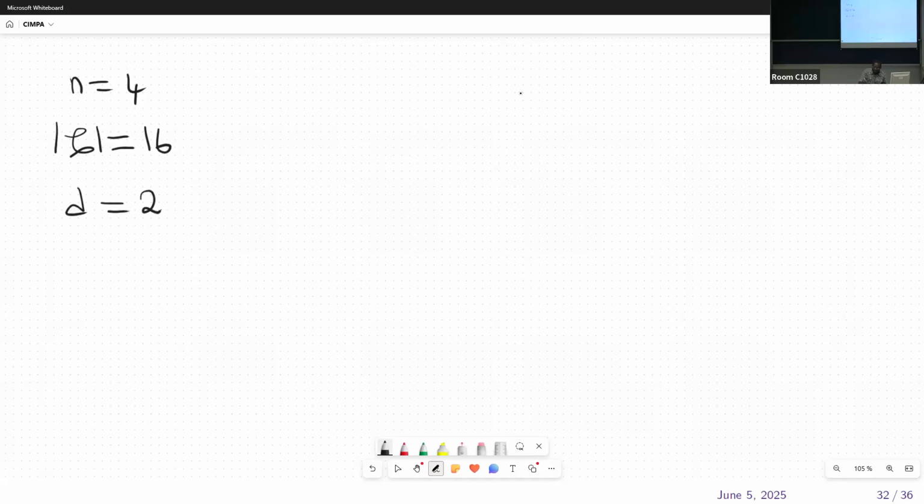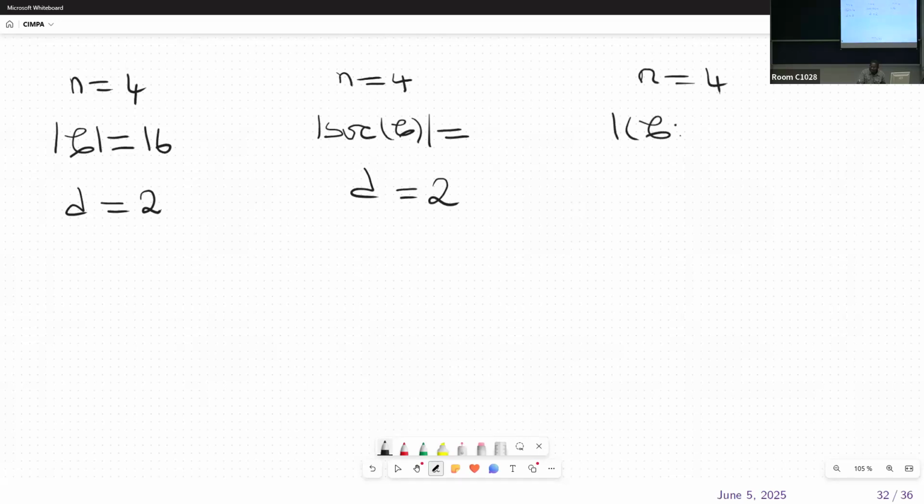Second, the same cardinality for the circle of C. Compute. The minimum Hamming distance is 2. Here 4. The quotient of C, compute, 2. This code is free.